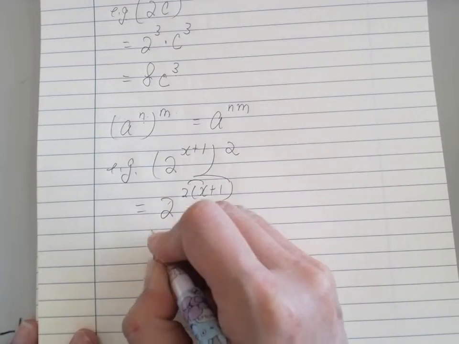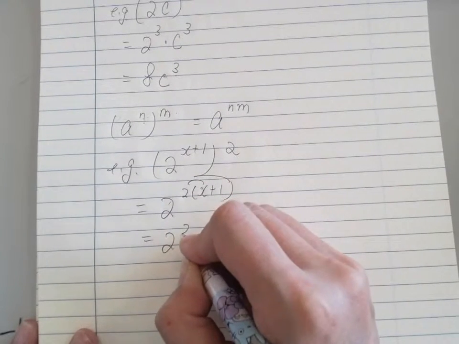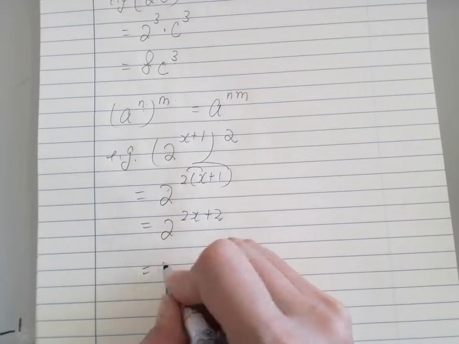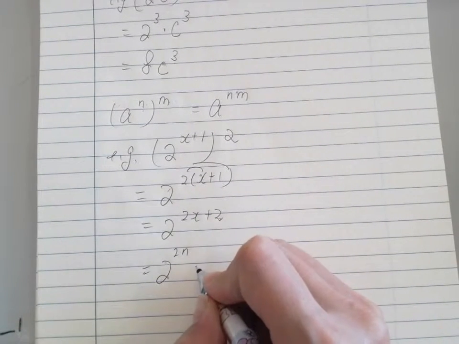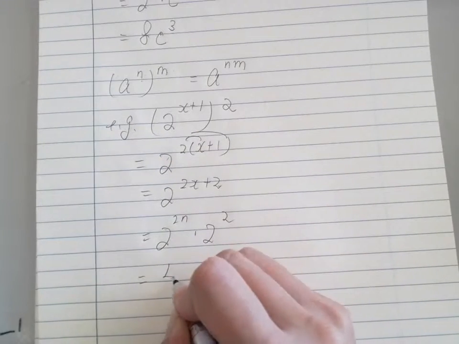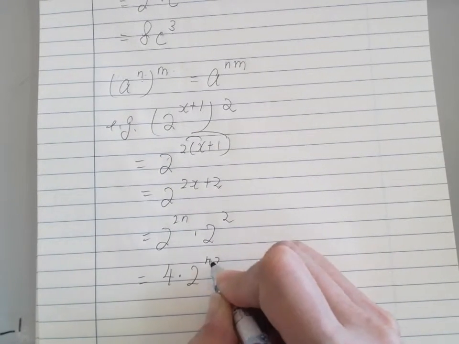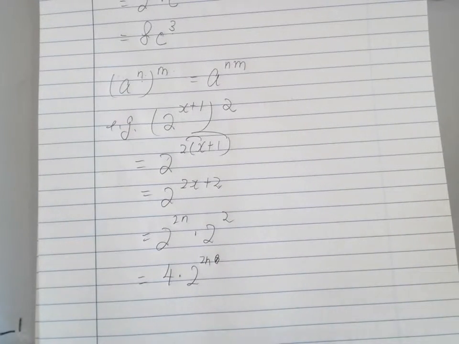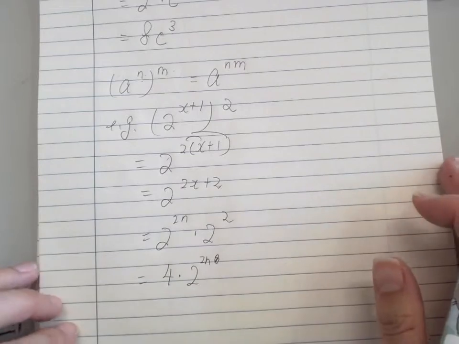Law of distribution. So we have 2 to the power 2x plus 2. If you want, you might take it out, so we get 2 to the power 2x times 2 to the power 2. 2 to the power 2 is 4, so we got 4 times 2 to the power 2x. Alright, that might be something, depending on how you need to use it.